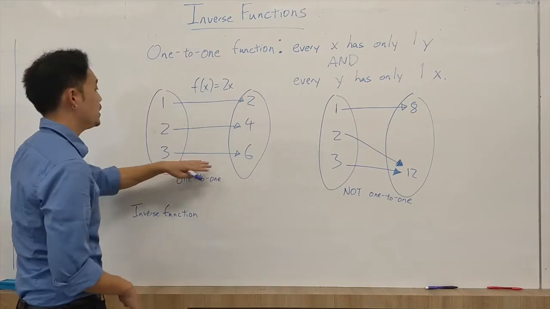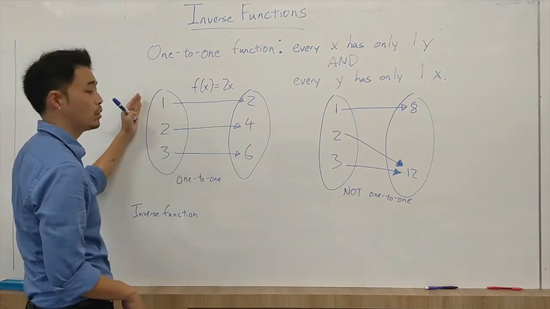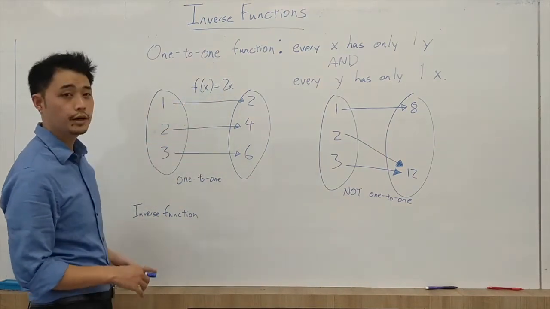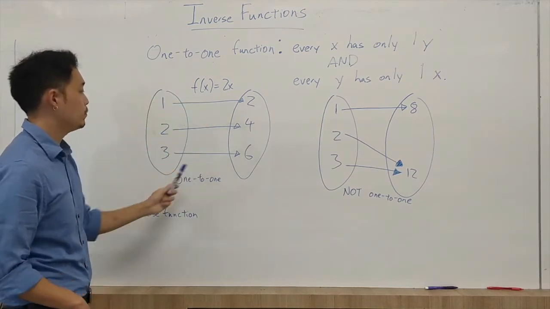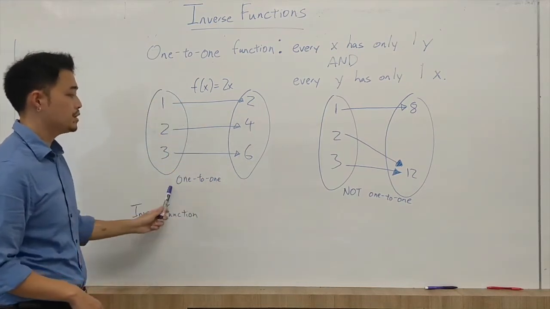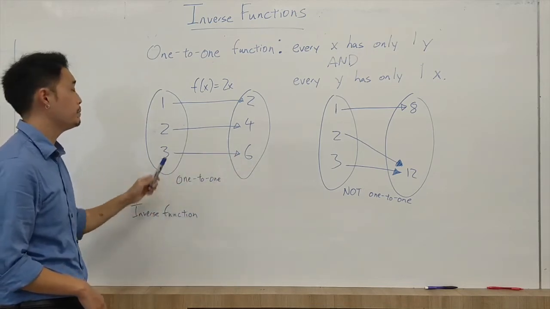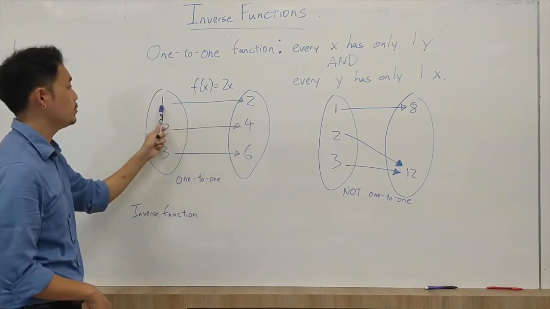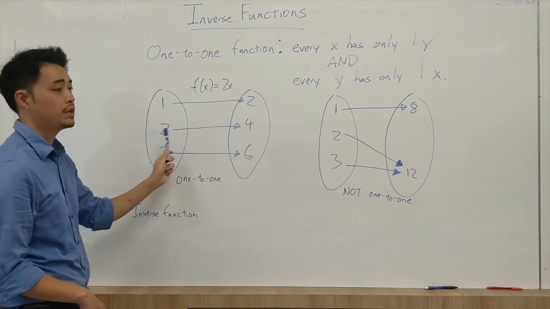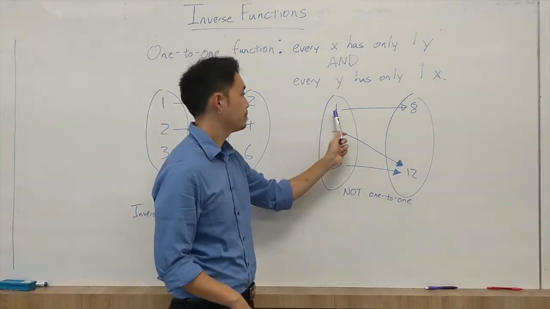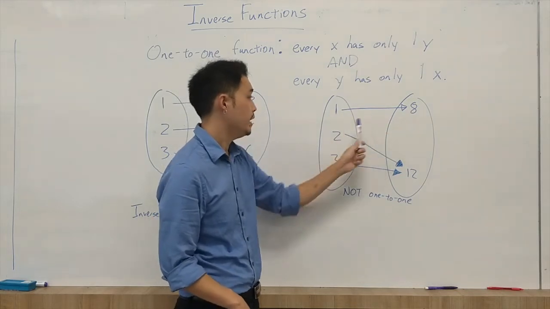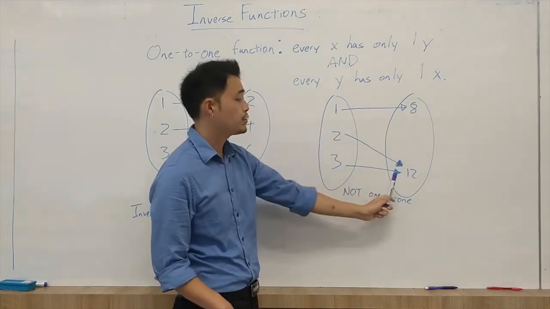So if we look at this example of a normal function, f of x equals 2x, we can see that 1 maps to 2, 2 maps to 4, 3 maps to 6. This is a one-to-one function, right? Because every y has only one x, and every x has only one y. Now if we look at this function, 1 maps to 8, 2 maps to 12, 3 also maps to 12.